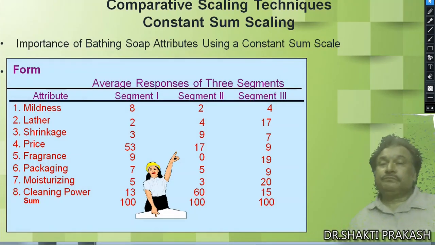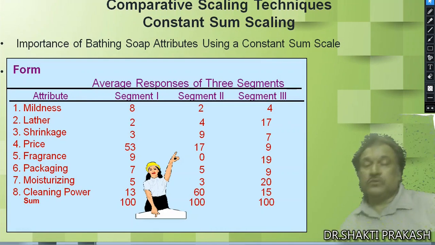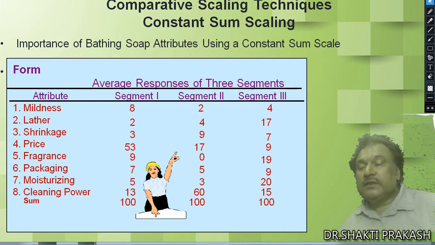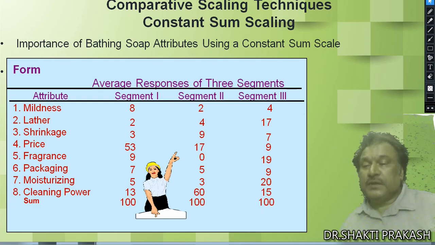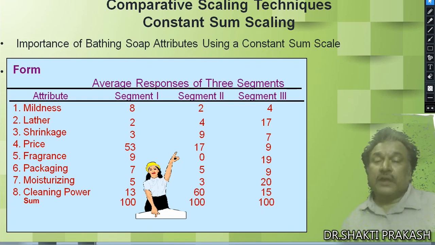Here is the importance of bathing soap attributes using a constant sum scale. These are the attributes: mildness, lather, shrinkage, price, fragrance, packaging, moisturizing, cleaning power. There are 3 segments, and respondents in the 3 segments are giving marks for the attributes of bathing soaps.